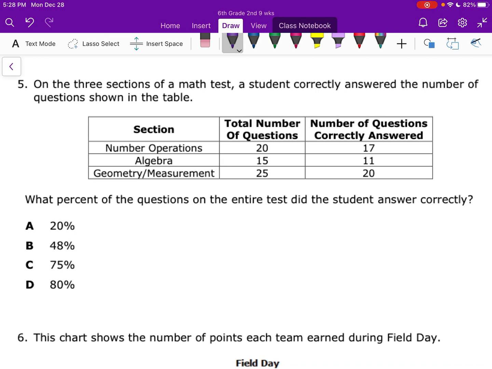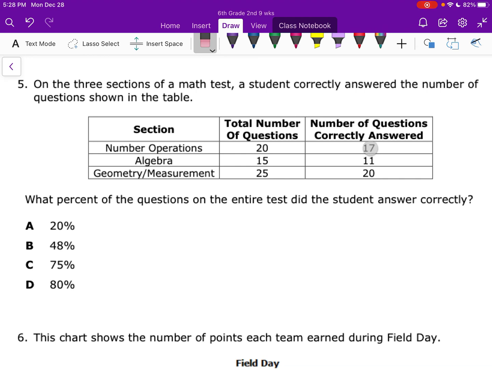Okay, so it says, on 3 sections of the math test, a student correctly answered the number of questions shown in the table. Okay, so there's 3 sections. There's number and operations, algebra, and geometry and measurement. The total number of questions: 20 number and operations, 15 algebra, and 25 geometry.